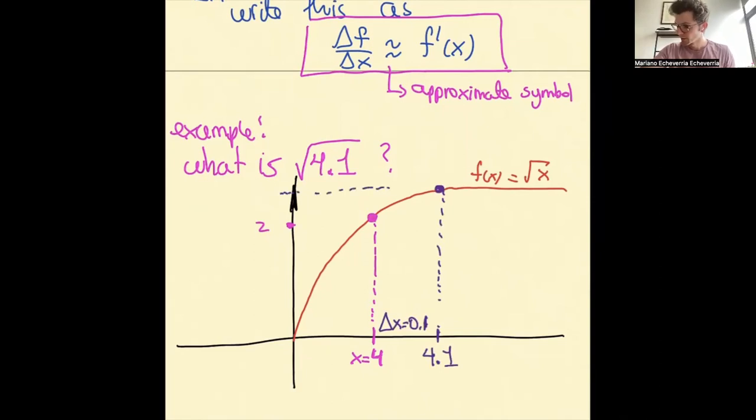But once I know an approximate value for delta f, I can make a reasonable guess for what this should be. Is that making sense? Because then this point is going to be 2 plus delta f.